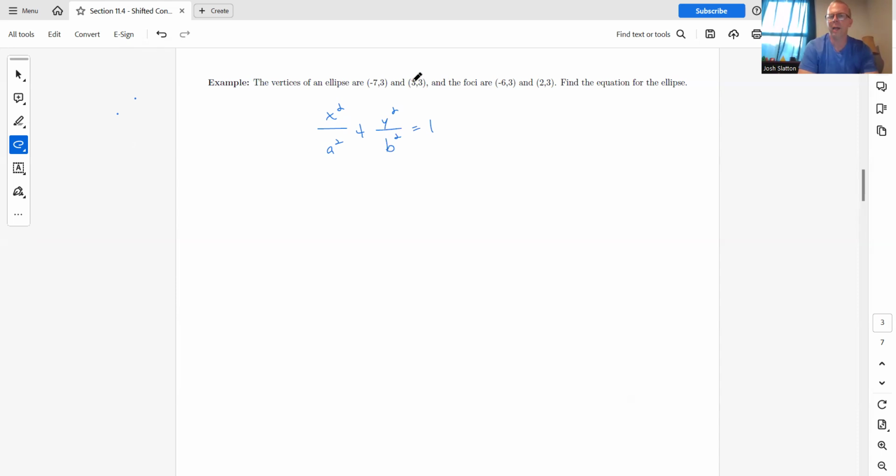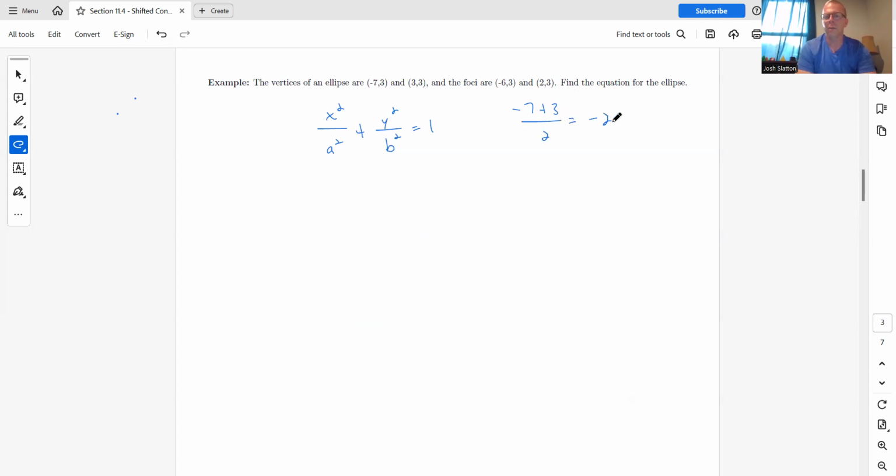And so the way to do that, the center is going to be the midpoint of these two. And so really, let's find the midpoint between -7 and 3. So -7 plus 3, and then divided by 2.